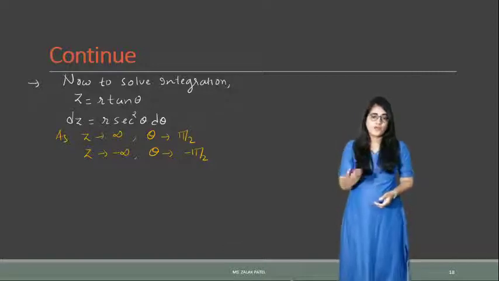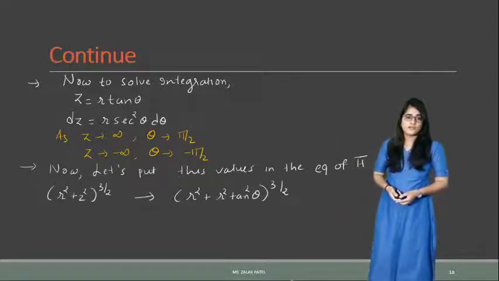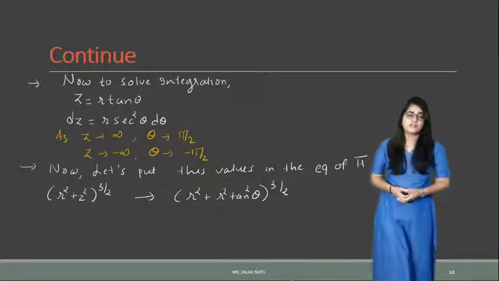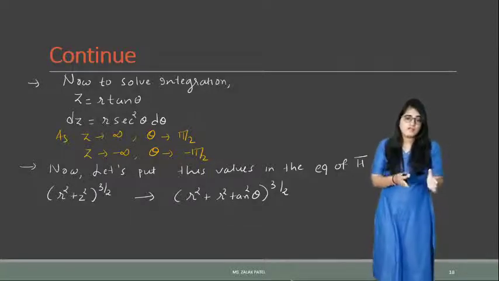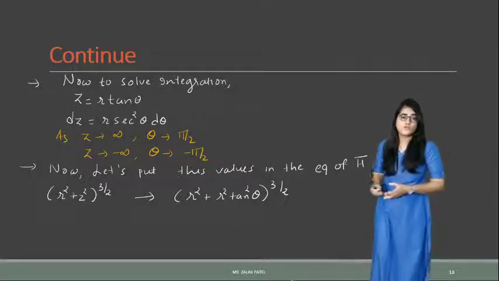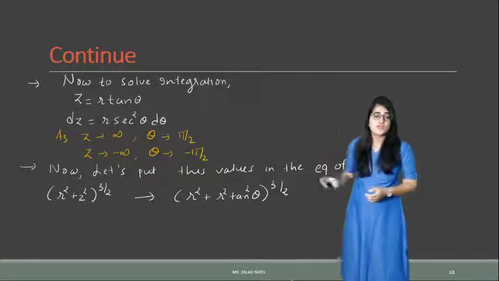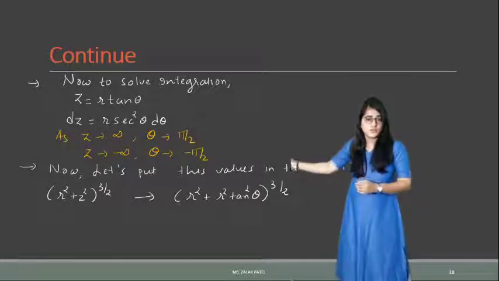Again let's put the value in the differential magnetic field intensity. In the denominator, r square plus z square raised to 3 by 2: r square will remain as it is, but in place of z you have to put the function z equal to r tan theta. So z square becomes r square tan square theta, raised to 3 by 2.